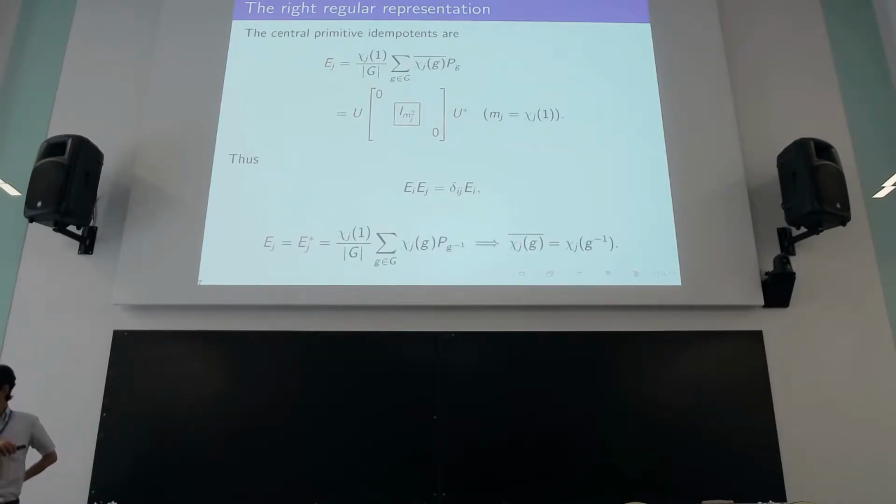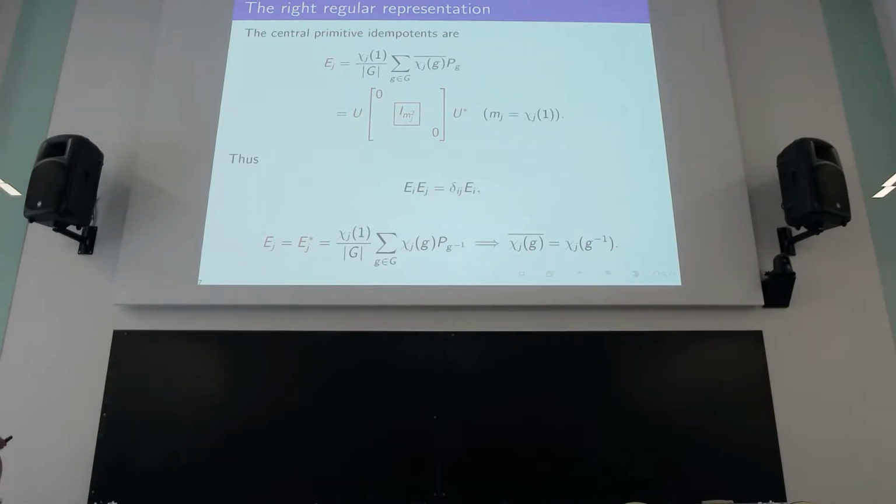Another fact coming from this diagonal form is that these idempotents are Hermitian. I think I already mentioned it for the general case, but let me recall why this is the case. It's because it's just a diagonal 0-1 matrix conjugated by a unitary matrix. So this matrix is Hermitian. So Ej is the same as Ej star.